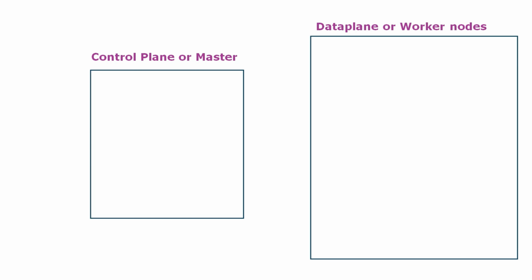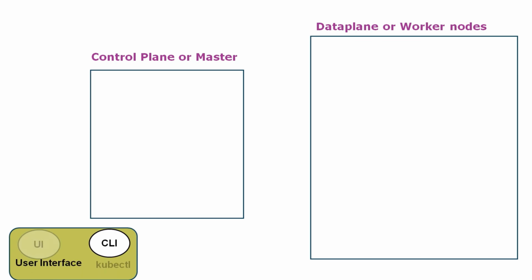Once again, we have some tools for that. You have a UI, or you can also use a command line utility. The command line utility we use for Kubernetes is called kubectl, or kube controller.